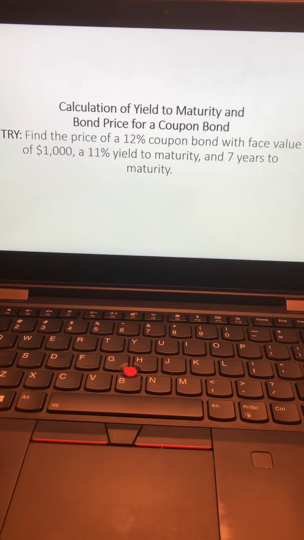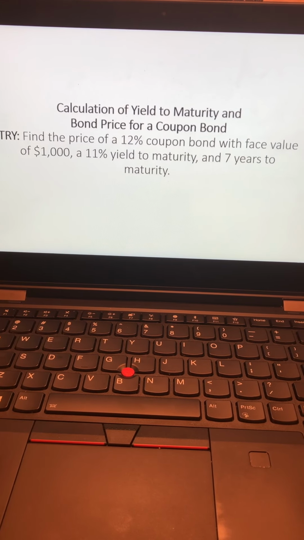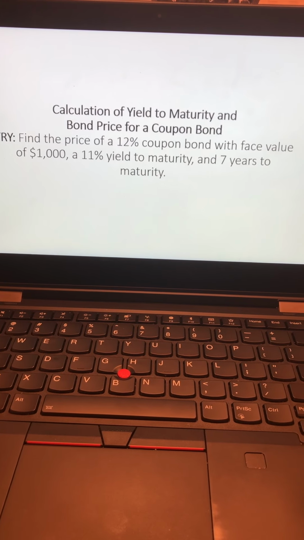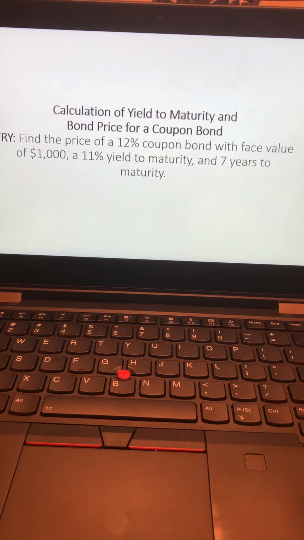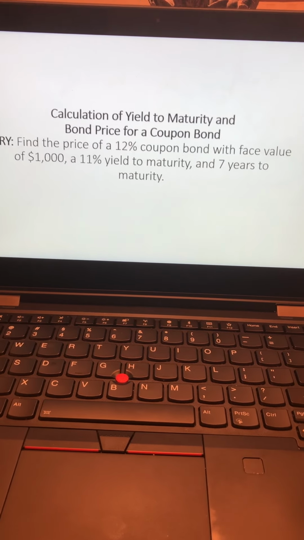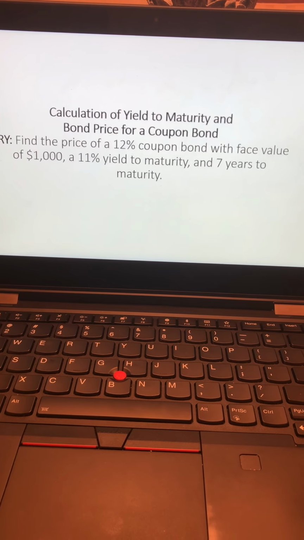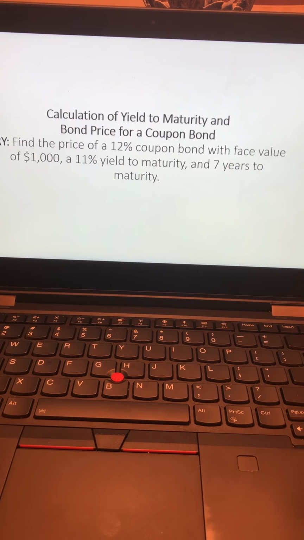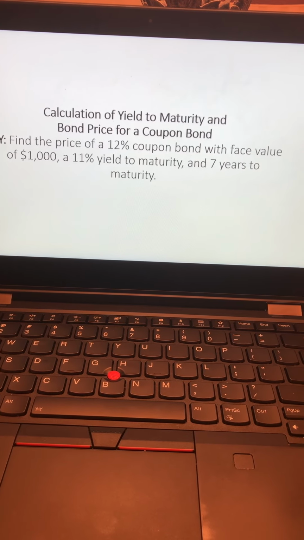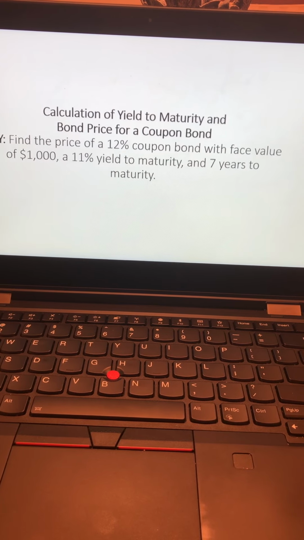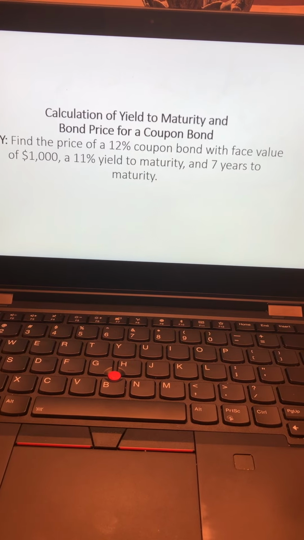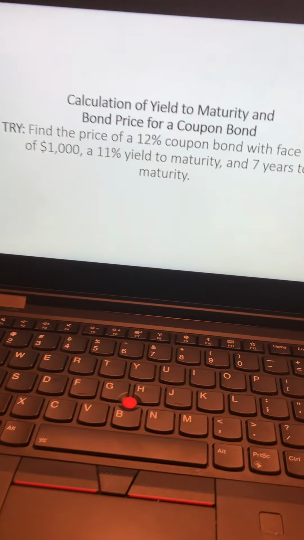We have a face value or the future value of $1,000, yield to maturity or I/Y equal to 11%, the number of years to maturity or N equal to 7, and a 12% coupon bond indicating a regular interest payment of 12% on the $1,000 or $120 every year, indicating the PMT equal to 120.